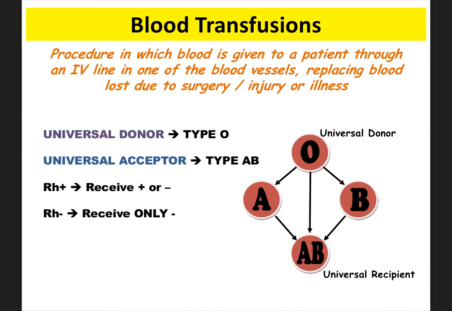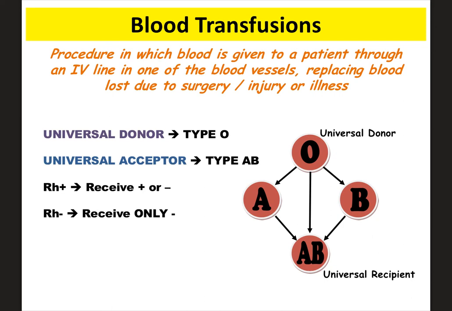Type O blood has no A or B antigens on the surface. So if O blood is given to a person, there's no antigens to be attacked. No matter what antibodies you produce, there's nothing on that O blood cell that can be attacked by the antibodies because it doesn't have any antigens.